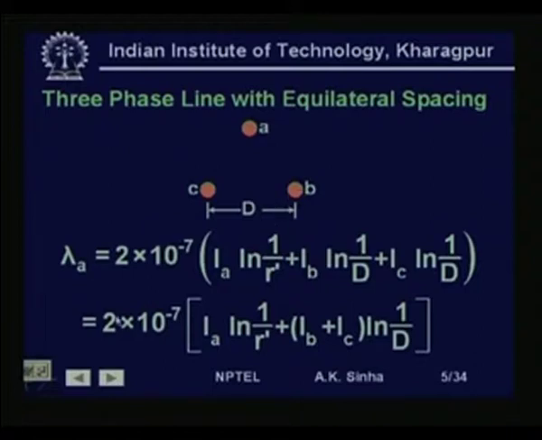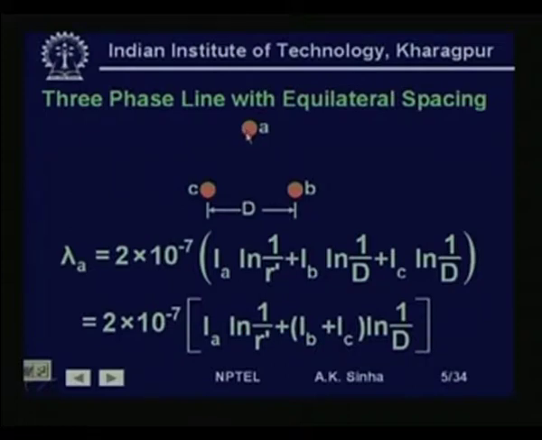Now, if we calculate the flux linkage of conductor A due to currents flowing in conductors A, B and C, then it will be equal to 2 into 10 to the power minus 7 into I A ln 1 by r dash, where r dash is the effective radius of conductor A.